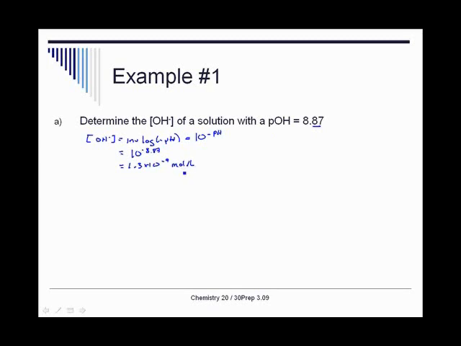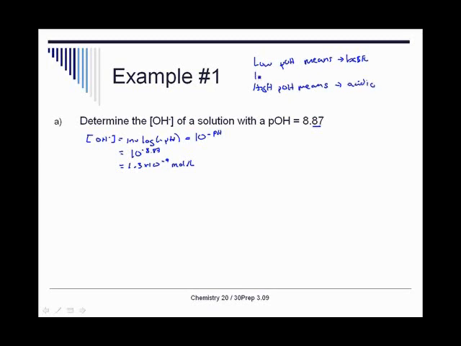moles per liter. Now, just like the pH scale, a low pOH means it's basic, and a high pOH means acidic.